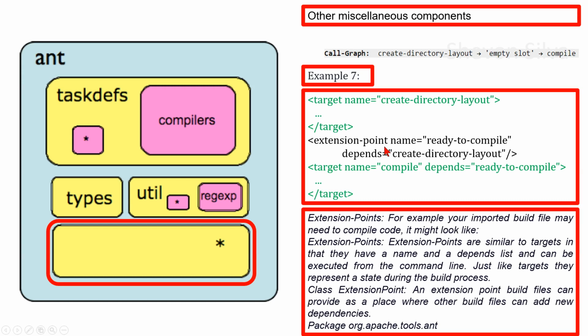This is in the package org.apache.tools.ant. Unlike targets, these extension points don't need any task. Their main purpose is to collect targets that contribute to the desired state of their depends list.